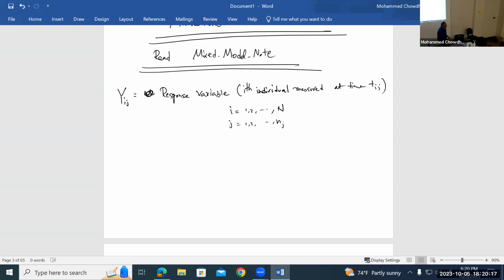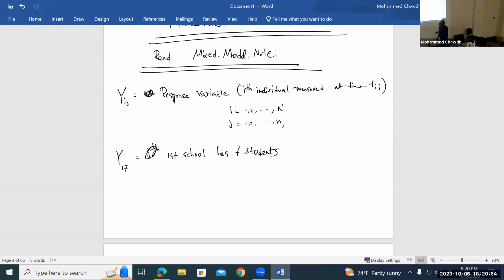So capital N means there are 100 schools, and small n_j means, for example, if I put here Y_1,7, that means the first school has 7 students.